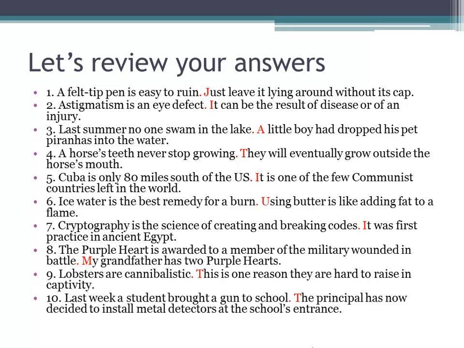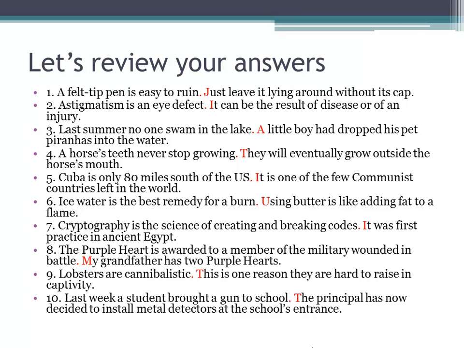Great. And number 8, the Purple Heart is awarded to a member of the military wounded in battle. I would put this, probably for myself, I would actually use a semicolon here. My grandfather has 2 Purple Hearts. That's relevant information and it shouldn't be somewhere else. Of course, other things could be used like comma and, or period capital letter. Number 9, lobsters are cannibalistic.